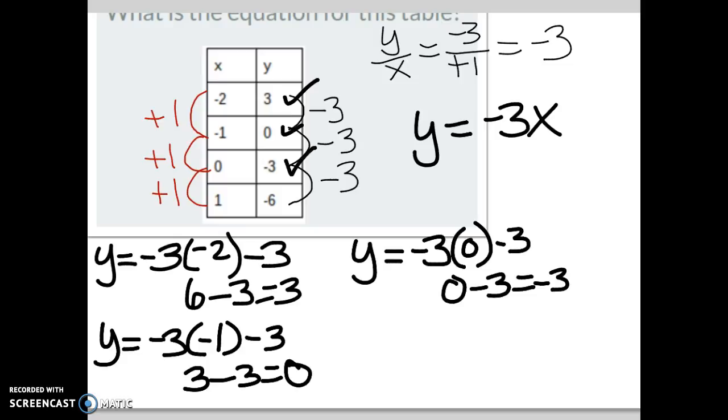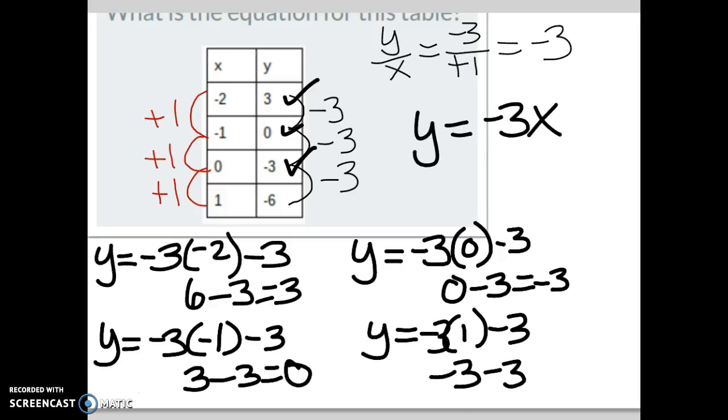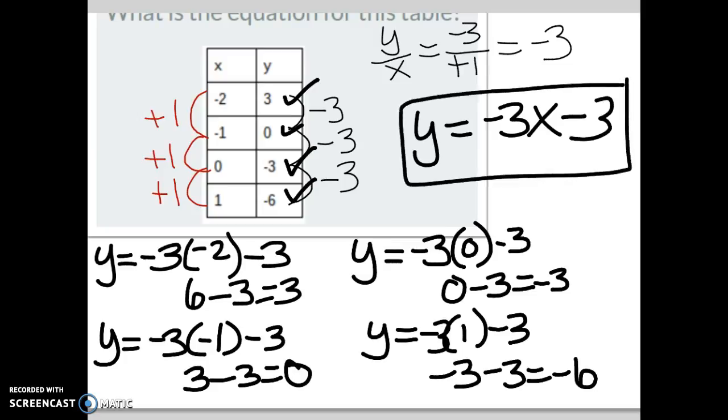That checks out. Last one. Negative 3 times 1 is negative 3. Minus 3 gives us negative 6. So that checks out. So our equation is y equals negative 3x minus 3.